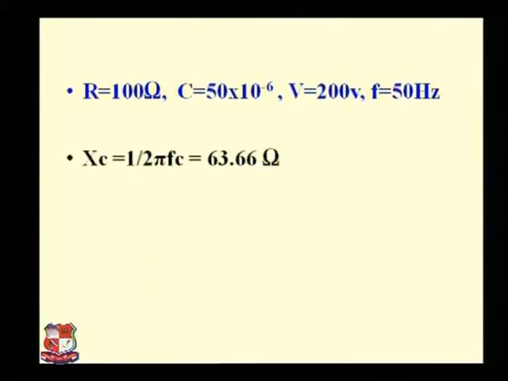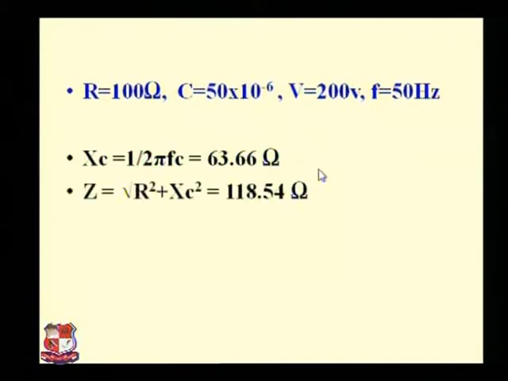So we have to find out first capacitive reactance. Now capacitive reactance Xc is given by 1 upon 2 pi f into C. So as we put the value of 2 pi, frequency is 50 hertz and capacitance value is 50 into 10 raised to minus 6, and after solving we get 63.66 ohm.